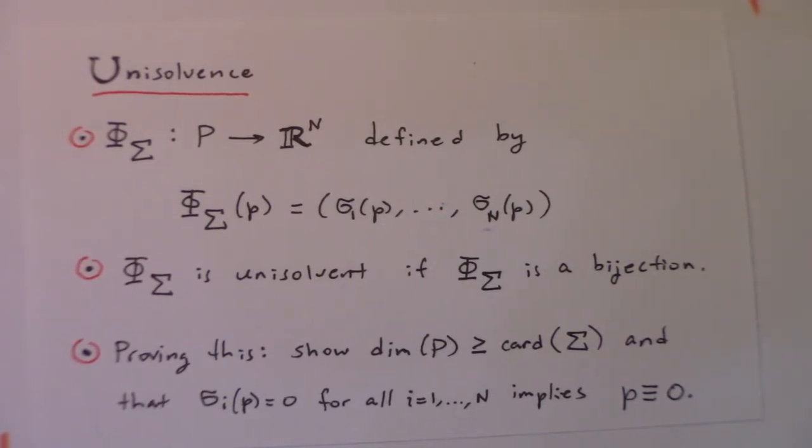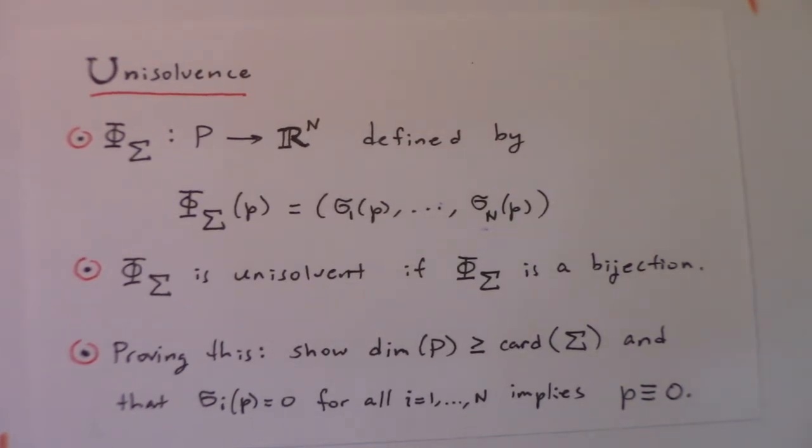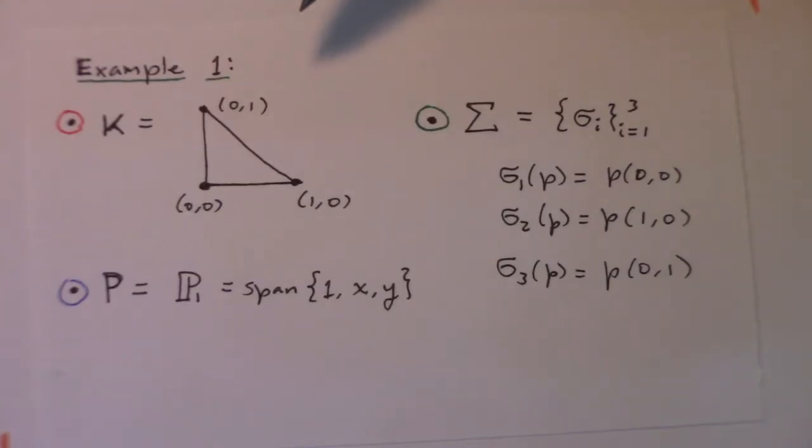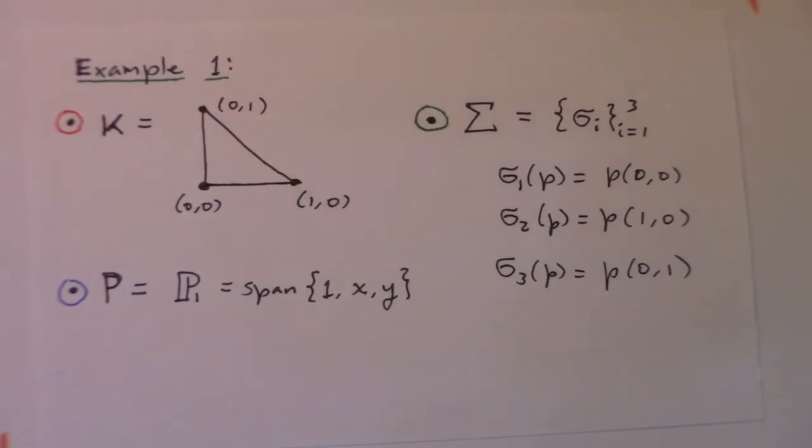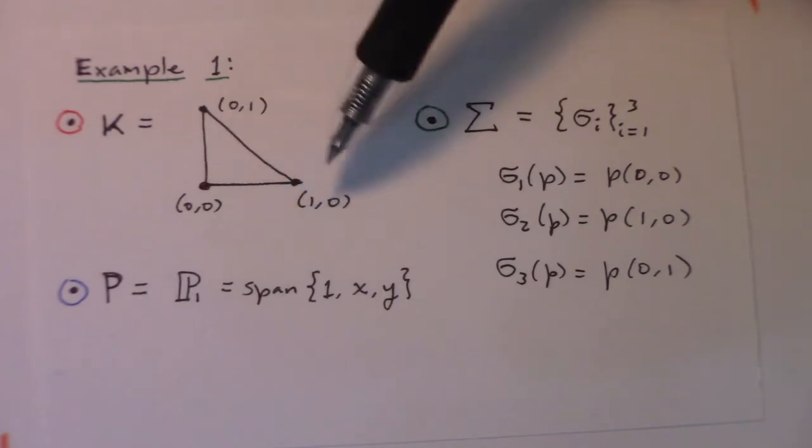Okay, so we're going to show some examples to demonstrate this fact. This is example 1, and this is one of the most fundamental examples in the theory of finite elements. Our shape K is going to be this triangle, a unit triangle with vertices given.